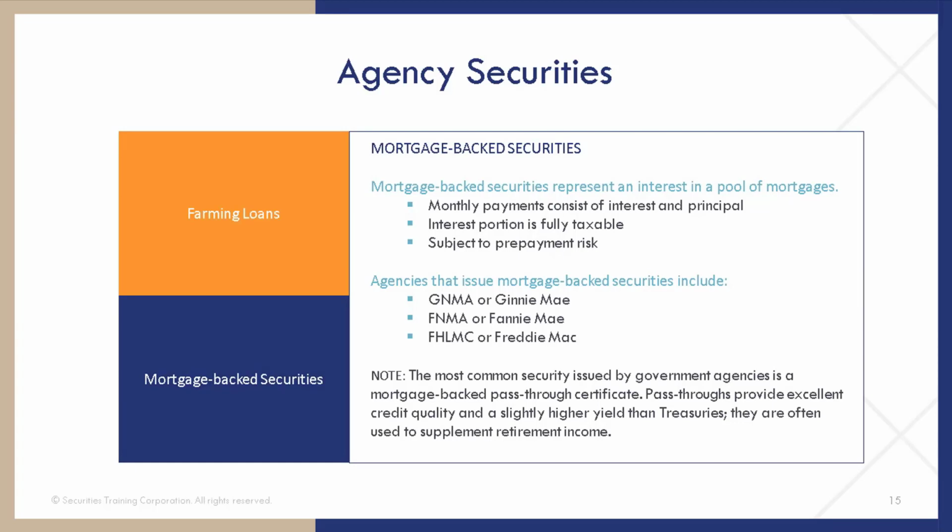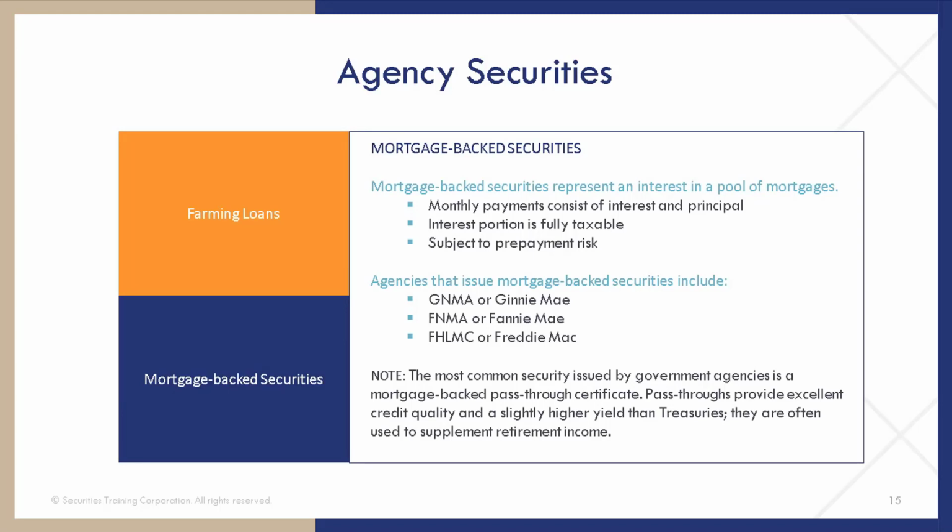How often will you get payments? Monthly. And those monthly payments consist of interest and principal. The interest portion you could see is fully taxed. You might want to note that, what do we mean by that? Federal, state, and local. It's subject to federal, state, and local taxes. So it's not exempt from any of the taxes.